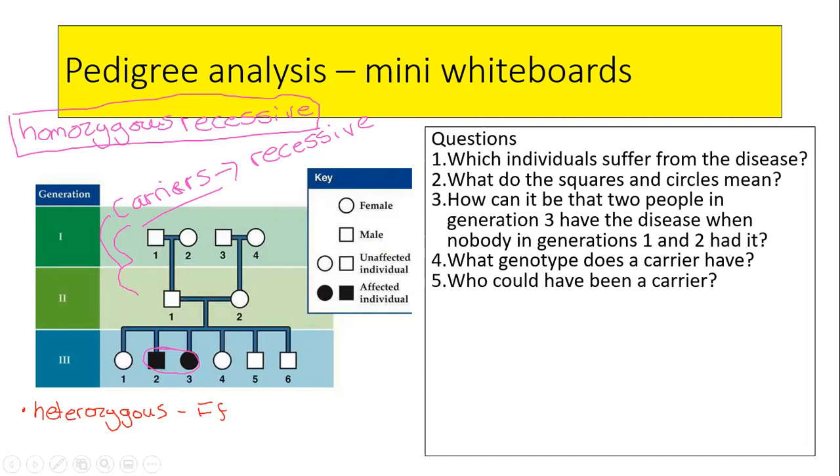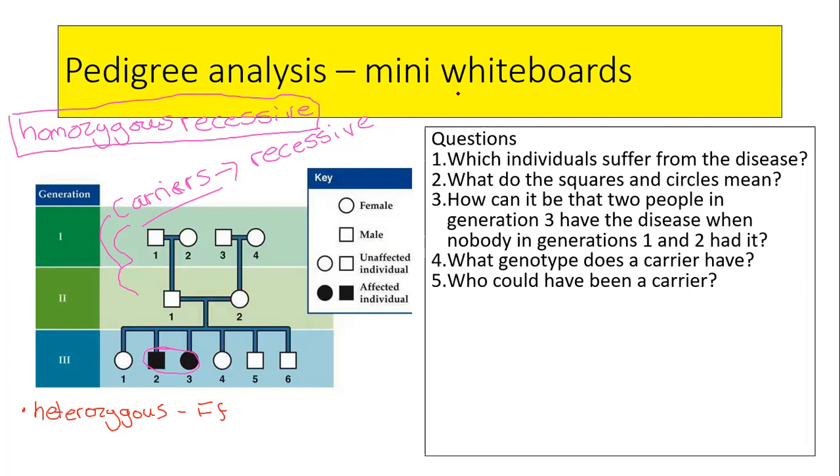So who could have been a carrier? Well, that's quite interesting. Let's have a look. We know that mum and dad must have been carriers. Why do we know that?